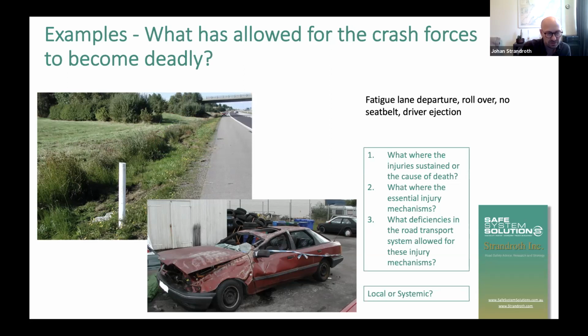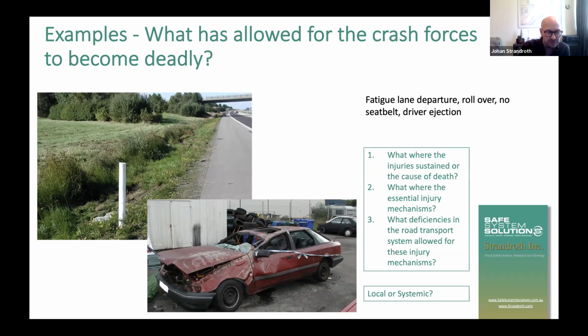If he would still be in the vehicle, we cannot 100% say that he would survive, but it's very likely that he would. So seatbelt use is obviously one, but the other deficiency, when we talk about the road, is a lane departure.